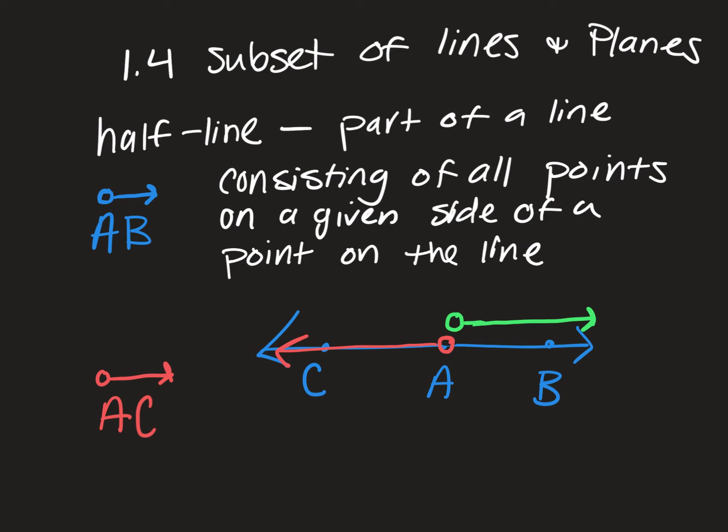All right, so then let's talk about rays. We kind of started to a little bit. A ray is, they call it the union of a half line and its origin. So basically, it's a half line that includes that origin point.